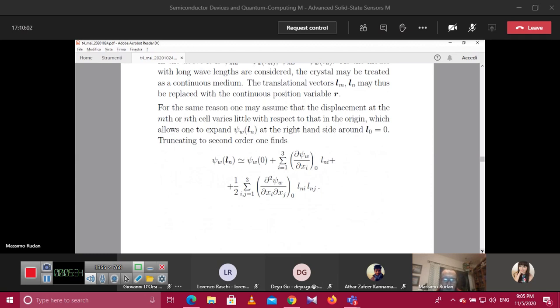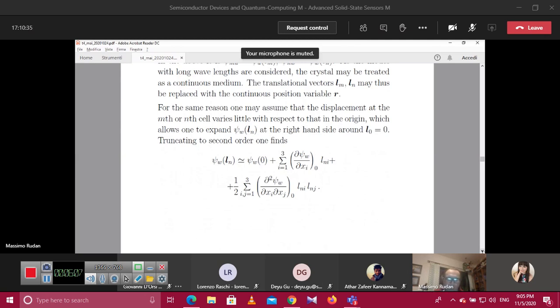So we can approximate psi of L n, as you can see in the formula at the bottom of the page. It is a second order expansion of psi along all directions, so in 3 dimensions, okay? It is made of a zero order term plus a first order term plus a second order term, okay?